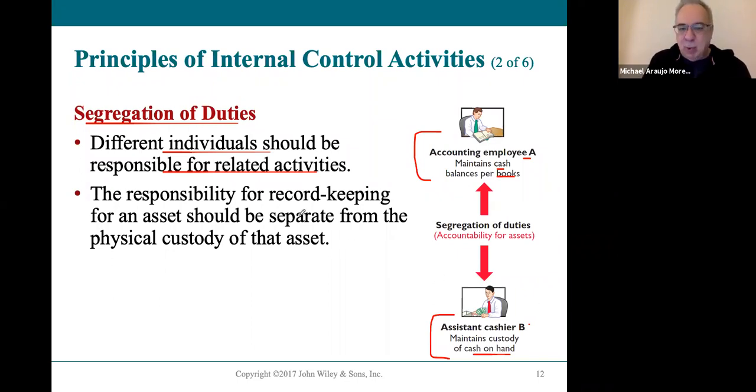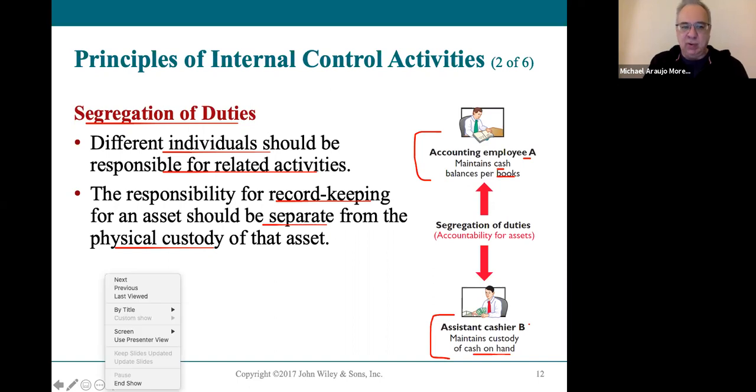So that's important. The record keeping for an asset should be separate from whoever has physical custody of that asset. And that's true for cash, supplies, inventory, and a whole bunch of things. And so this segregation of duties is an important control activity.